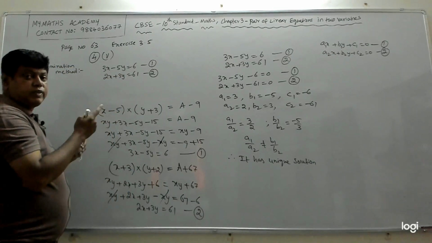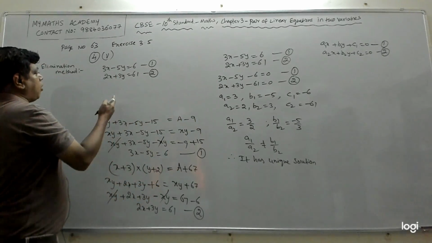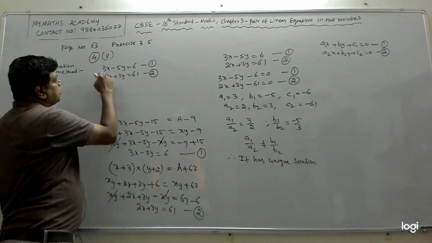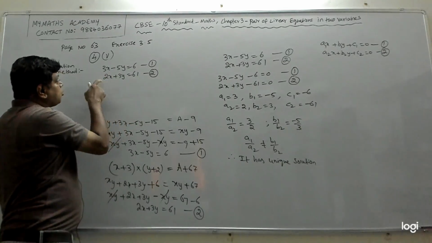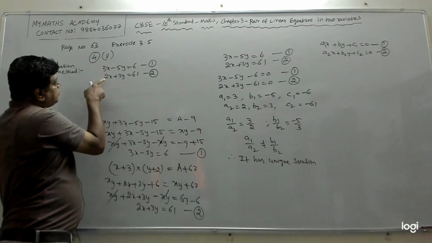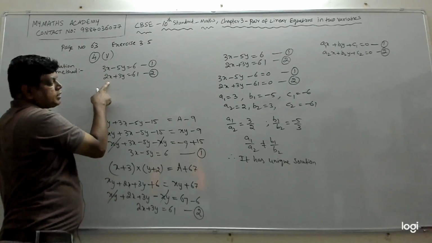So which means we need to make them the same. How do we make them the same? Let's take this 2 and multiply the first equation throughout by this 2, and multiply the second equation throughout by this 3. If I multiply this 3x with 2, it will become 6x. If I multiply 3 with 2x, it will become 6x.